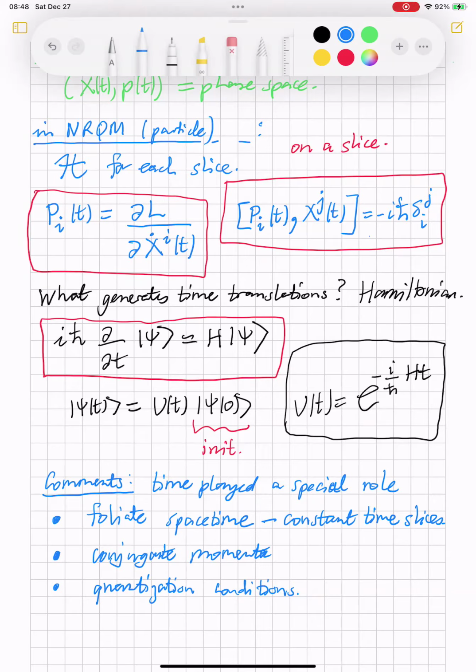So now our slices are not going to be surfaces of equal time. They're going to be surfaces of equal light cone time. Then we're going to take a look at conjugate momenta. And we're going to define the conjugate momenta using light cone time in much the same way that we use time. And finally, we'll impose some quantization conditions on each of these equal light cone time slices. So we'll get a different quantization of the theory.